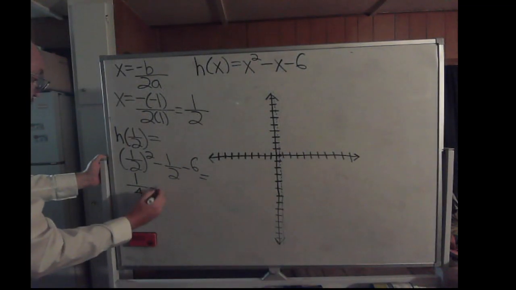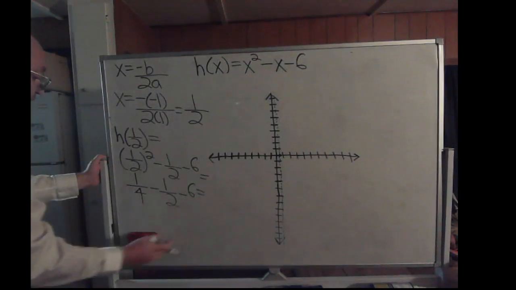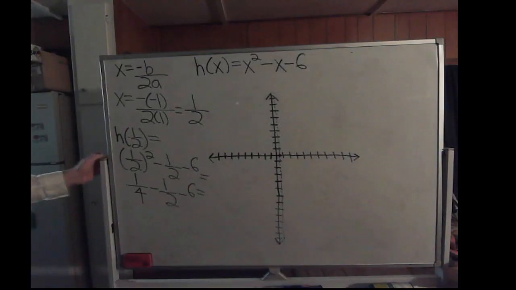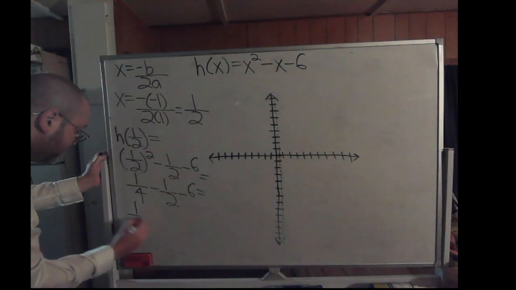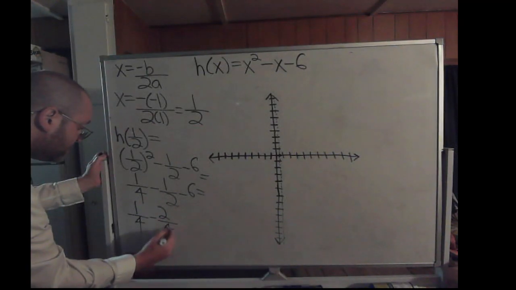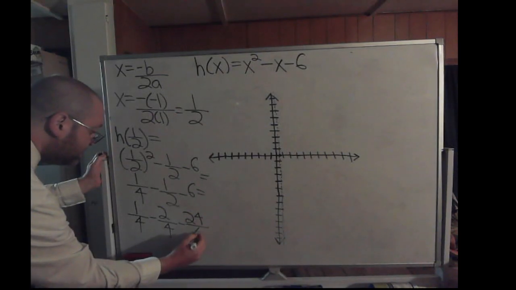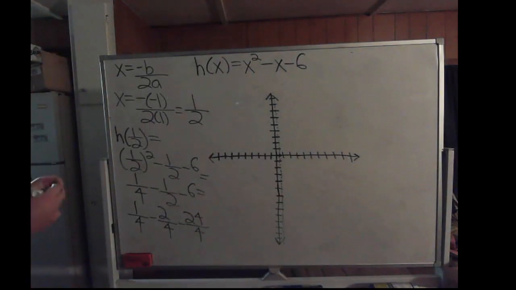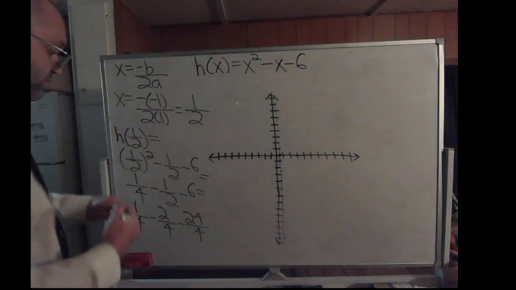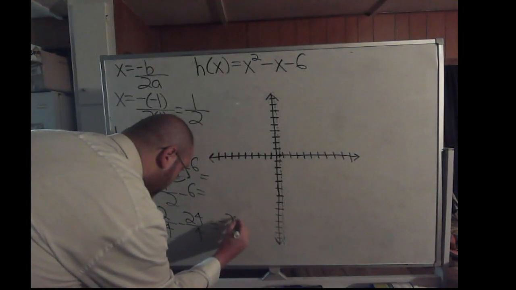So you have 1/4 minus 1/2 minus 6. Well, let's see. You'll end up having 1/4 minus 2/4 minus 24/4. So we want to convert these all to the same denominator. So 1 minus 2 is -1, minus 24, you would get -25/4.